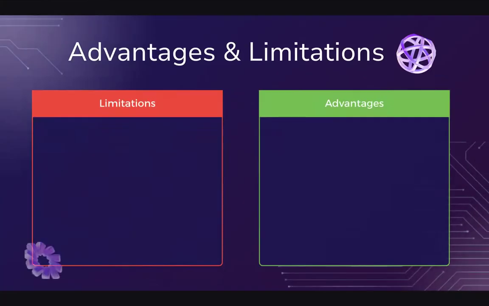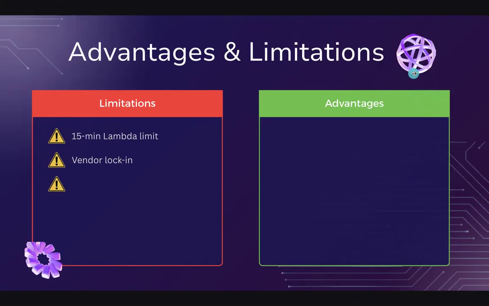For the advantages and limitations, I will discuss both the strengths and the weaknesses of serverless agentic workflow on AWS, because understanding the trade-offs is just as important as knowing the benefits. On the advantage side, as you can see, you focus entirely on your agent logic.